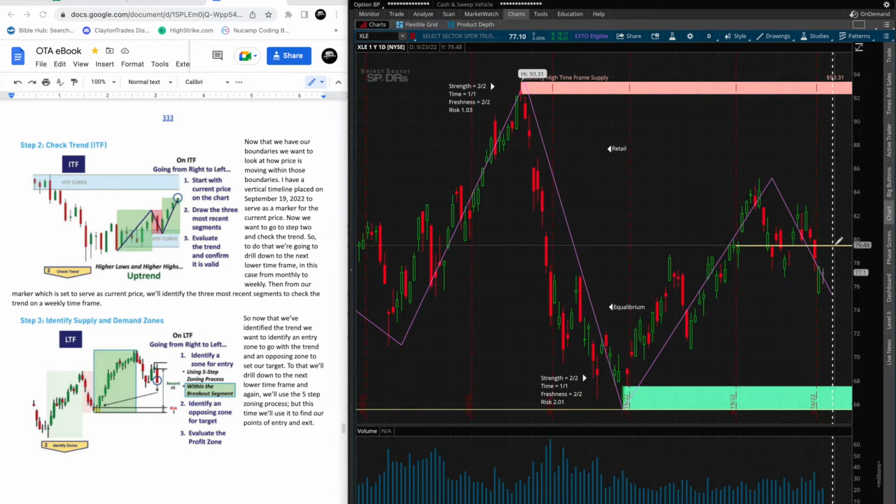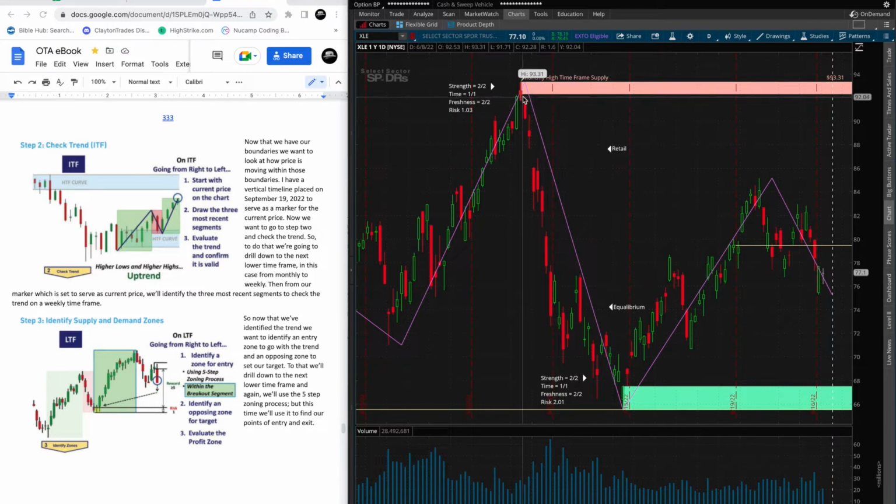And recall that whenever we are trading in a sideways trend, again, we will always use the extremes within the sideways trend. So we have our 3 most recent segments, and we have the highest points within those segments. So we have a supply zone here.